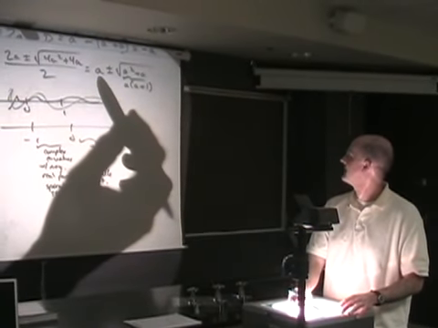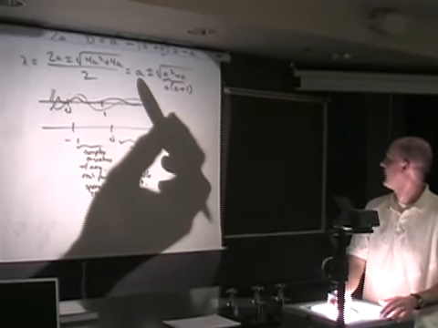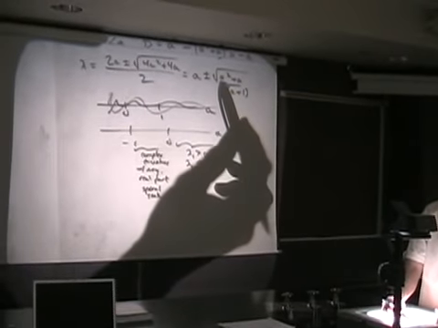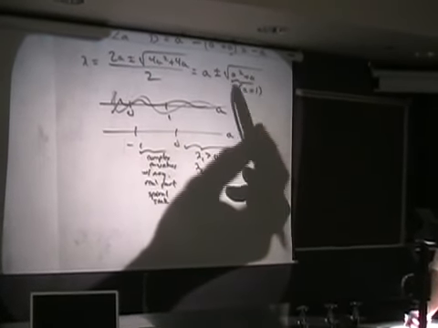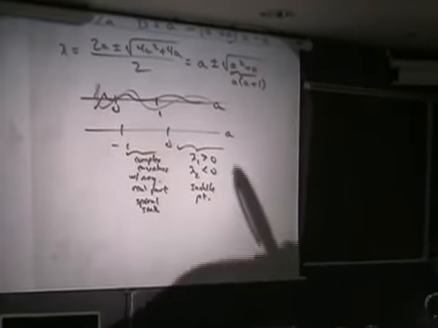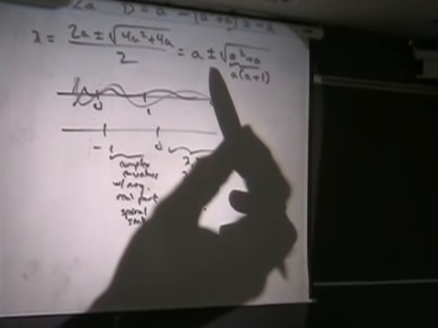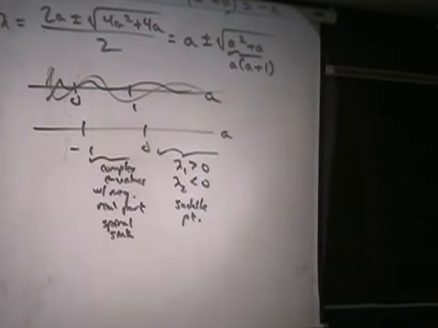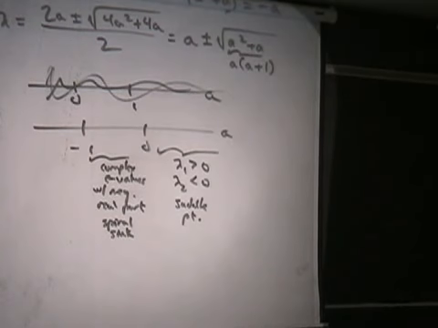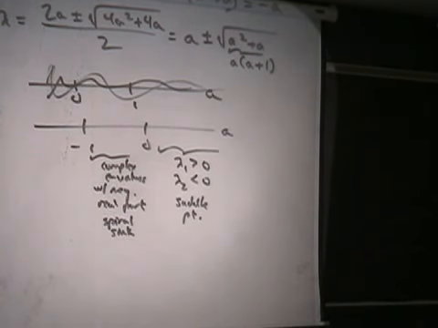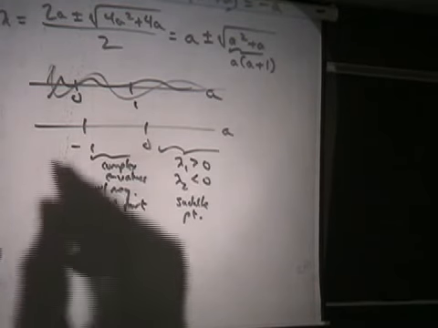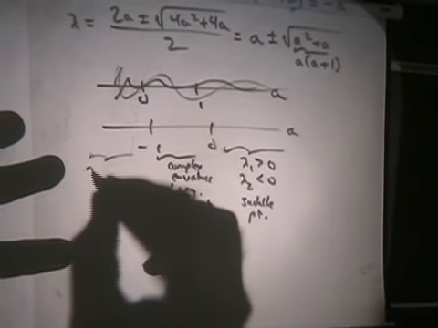For example, if A is negative 2, let's just think of an example here. If A is negative 2, we get 4 minus 2 is 2 here. We've got a square root of 2 here, ultimately. We've got negative 2 plus or minus square root of 2. Negative 2 minus square root of 2 is definitely negative. Negative 2 plus square root of 2 is also negative. You're going to get two negative eigenvalues over here.